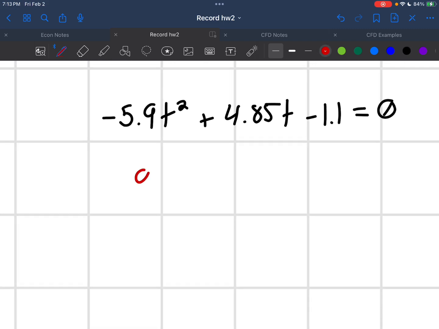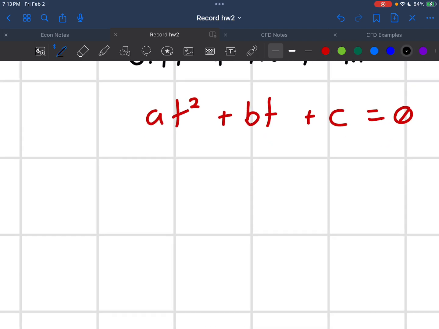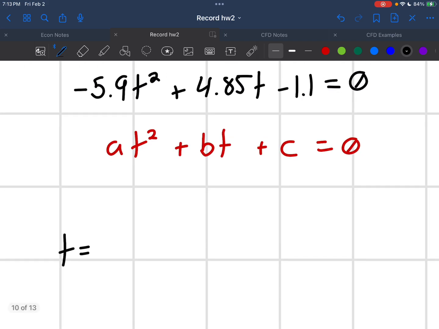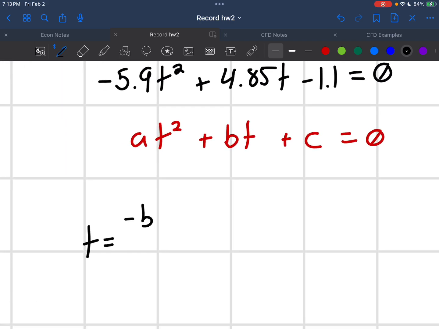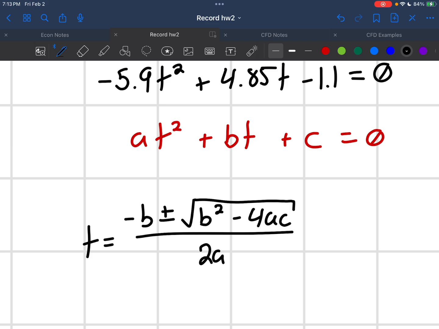Now this is of the form at squared plus bt plus c equals 0, which means I get to use my best friend, the quadratic equation, right? Which is negative b plus or minus the square root of b squared minus 4ac all over 2a.